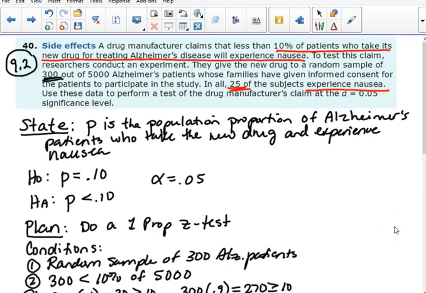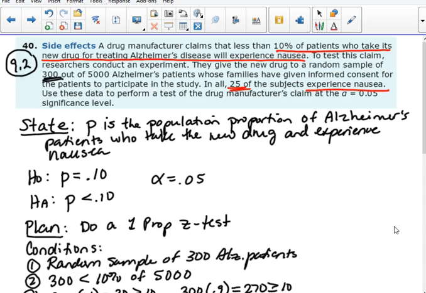I'm going to quickly run through number 40 in the 9.2 exercises, and pay particular attention to the do step, the calculations. So here's the scenario. We have a situation where p is the population proportion of Alzheimer's patients who take the new drug, a drug for treating Alzheimer's disease, and experience nausea.